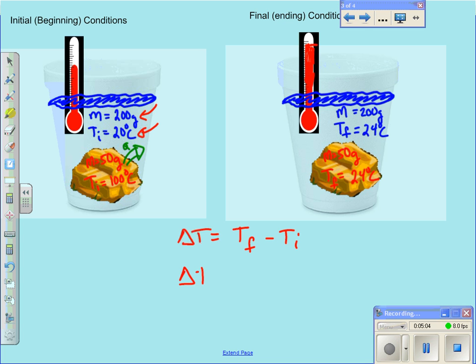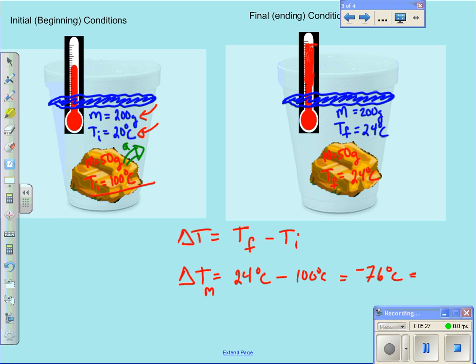So the temperature change for the metal, which I'll call M, and I've also been calling a rock, would be its final temperature, 24 degrees Celsius, minus its initial temperature, which was 100 degrees Celsius. So it cools down and has a negative temperature change of negative 76 degrees Celsius.